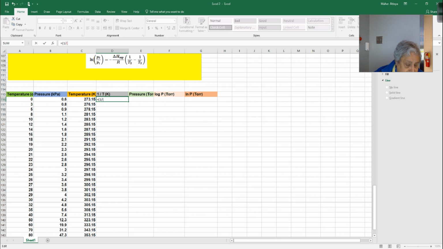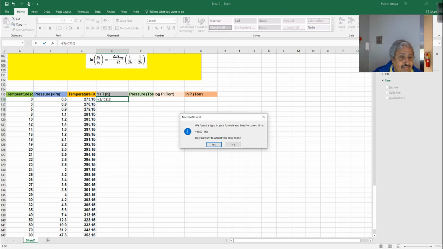C116, and you close. So let's see here. This is not correct. C101 divided by 116.